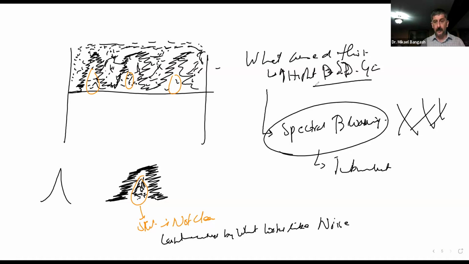And that will mainly make it, yes, this is not due to spectral broadening, but too high of a Doppler gain. Did you guys get that?